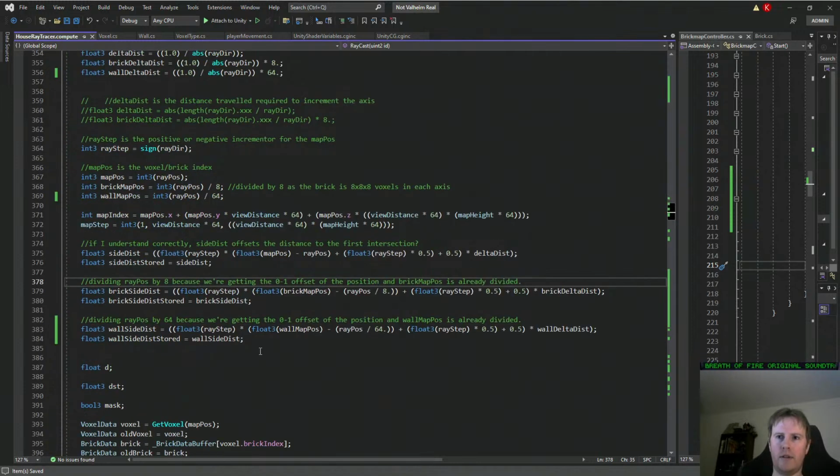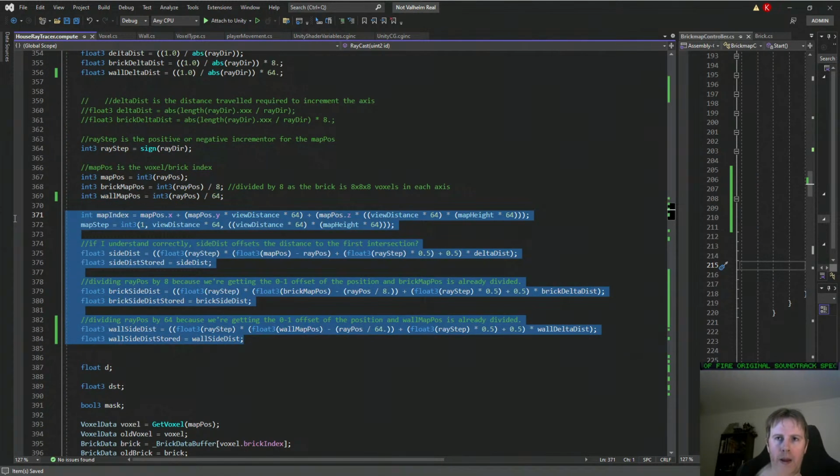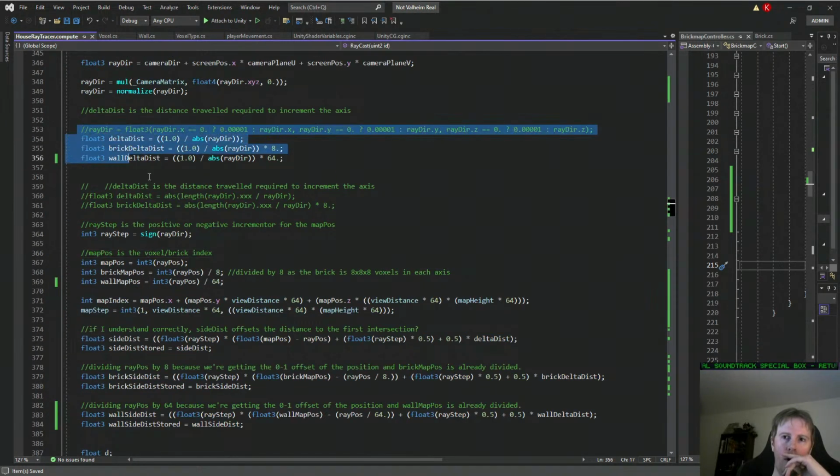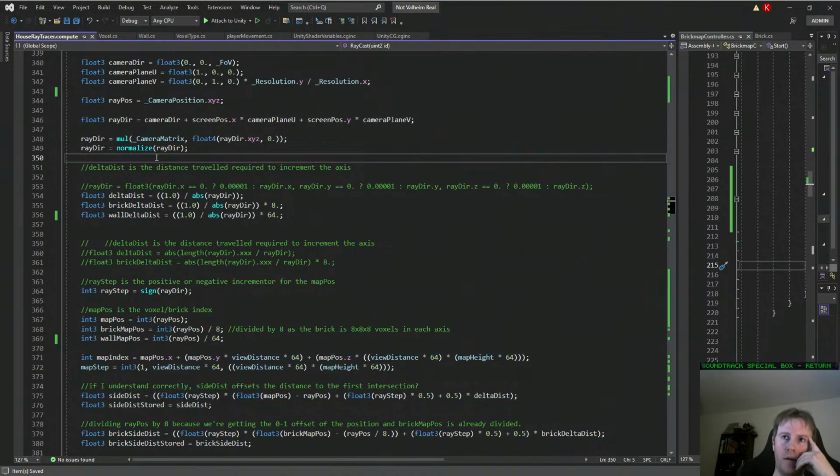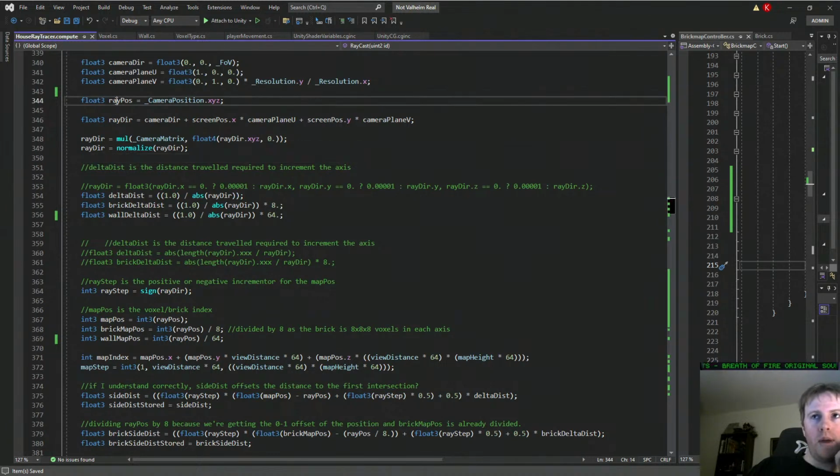We extract all of this, and instead of recreating the ray based on the side dist, we take the ray position and we take the ray direction and we multiply that by the length that we get.